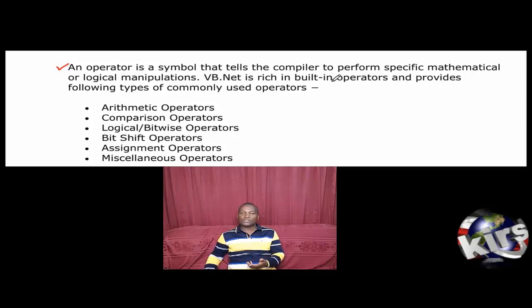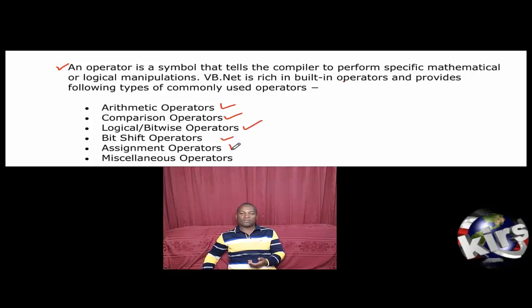VisualBasic.net is rich in built-in operators and provides the following types of commonly used operators. Number one, we have arithmetic operators. Number two, we have comparison operators. Number three, we have logical and bitwise operators. Number four, we have bit shift operators.